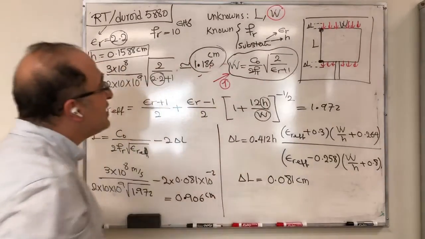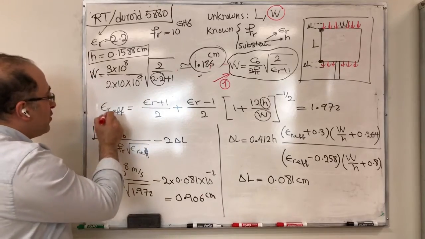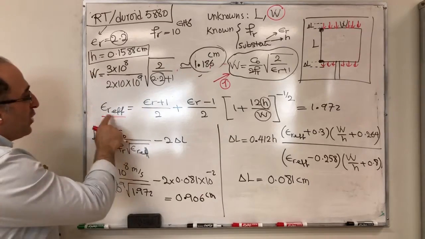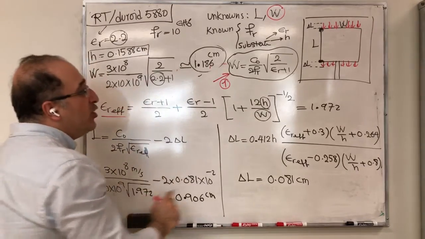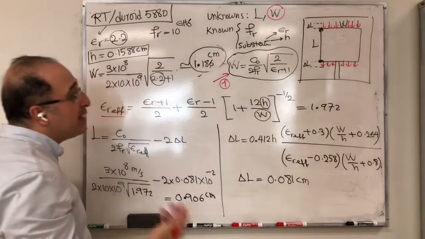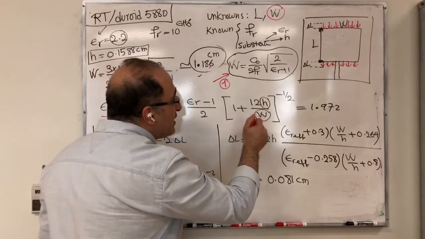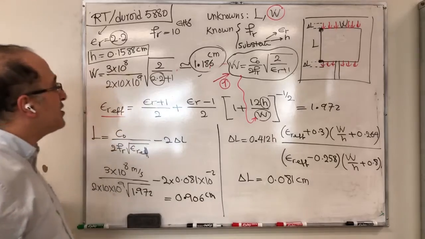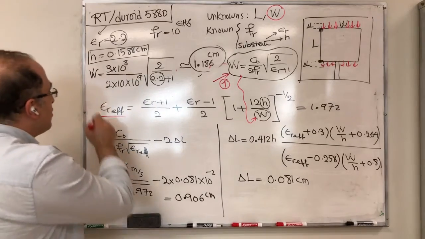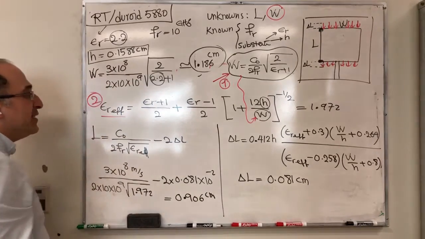Now, the next step, you go and find epsilon_r effective. To have your epsilon_r effective, you need to know the epsilon_r of the substrate, you need to know the h of the substrate that you know, and you need to know the width, but the width you already found from here. So you just substitute it and you find epsilon_r effective. That's your second step.